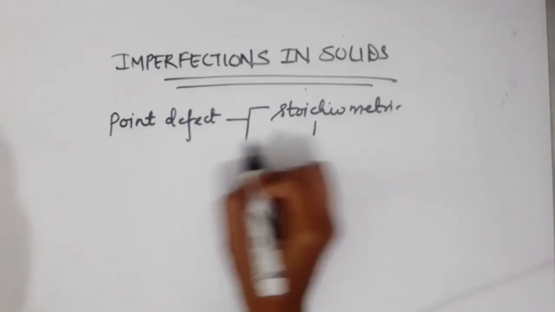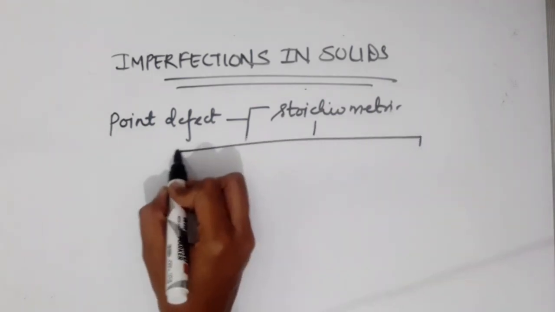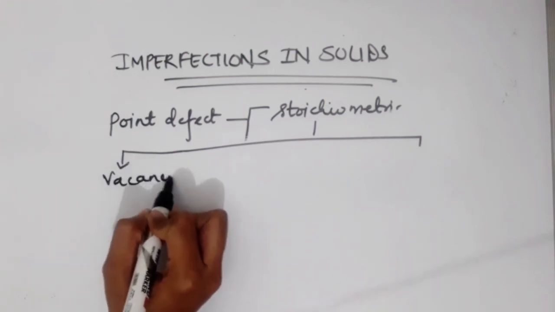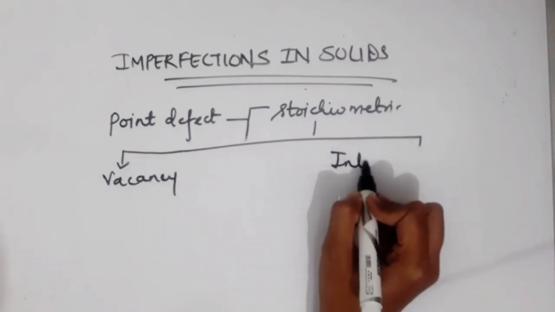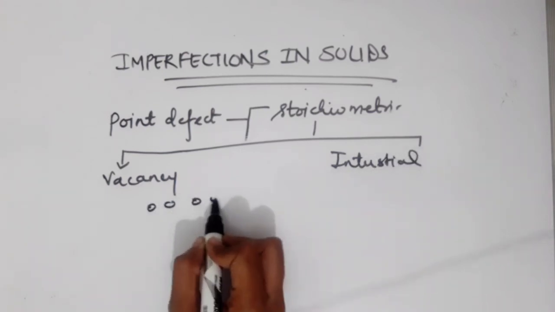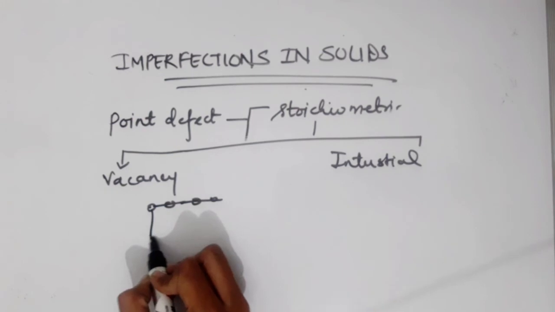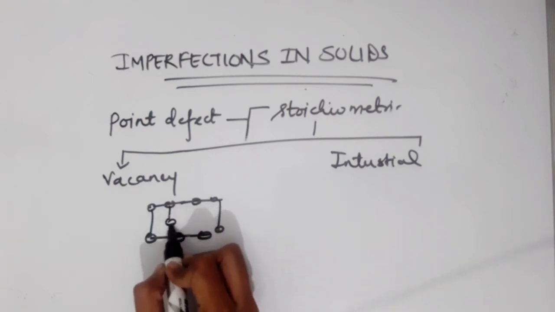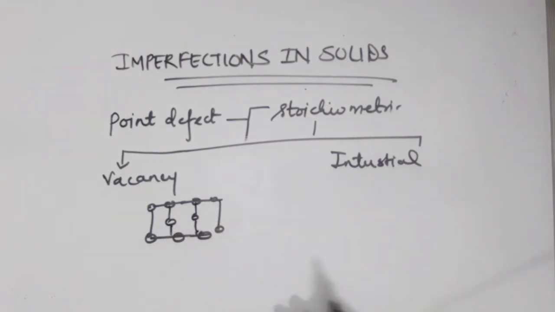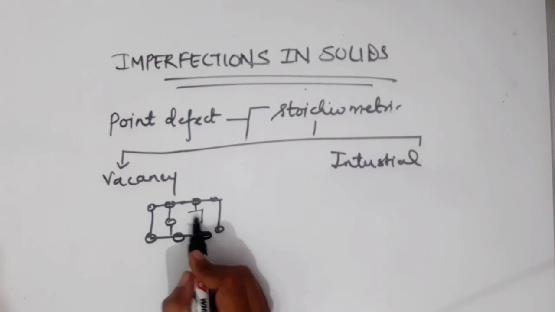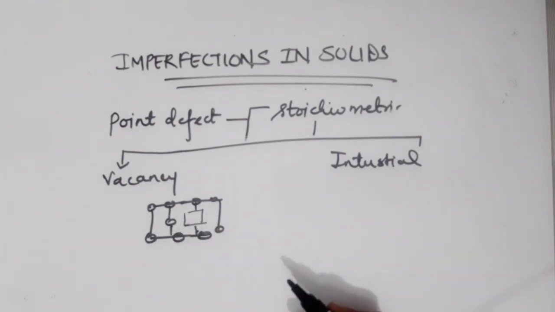stoichiometric defect is divided into 2: vacancy and interstitial. If you have an arrangement of atoms, and if one of the sites is vacant, then this is known as vacancy defect.